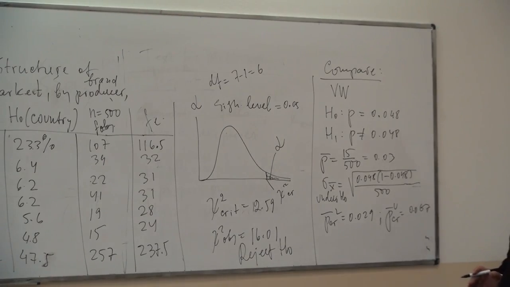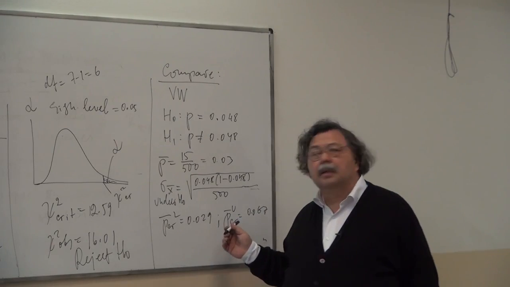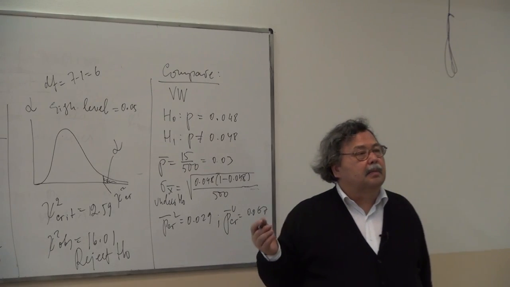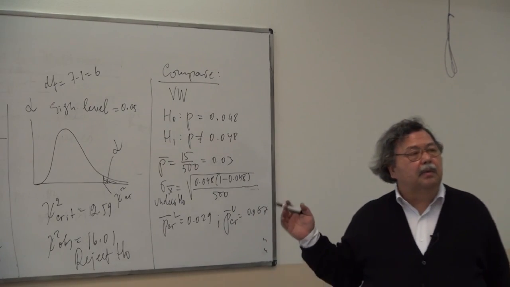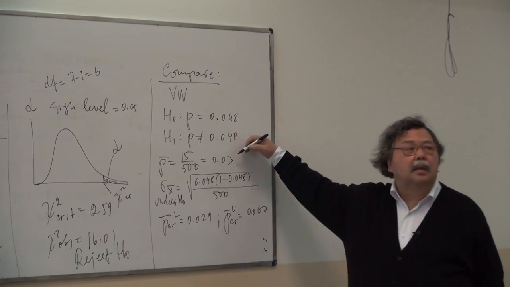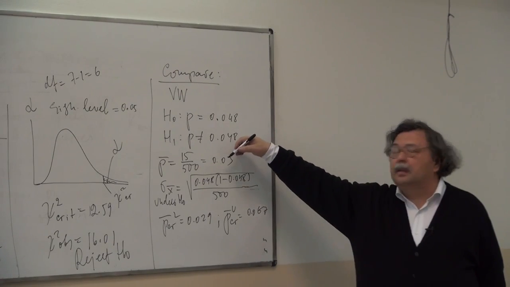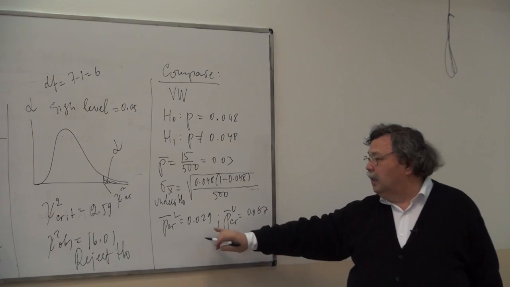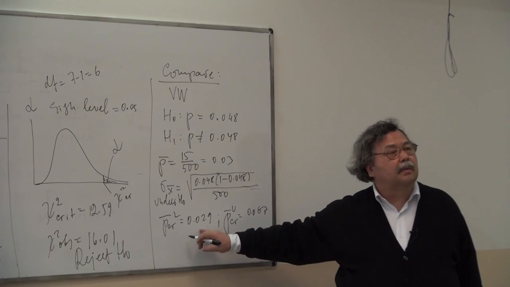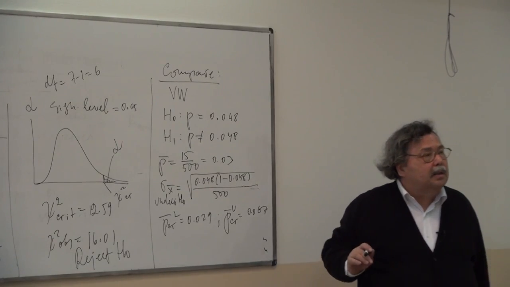If the observed sample proportion falls within this bracket, then we accept the null hypothesis, and if it falls outside, we reject it. Now look at this. The actual sample proportion is 0.03, and it's rather close to the left critical value, but actually it still lies within the acceptance region.